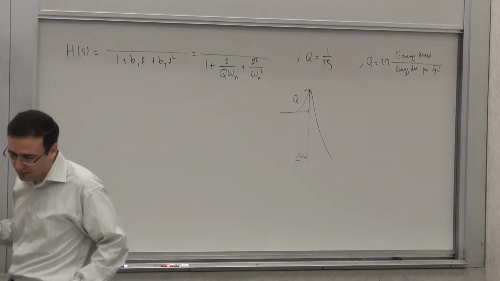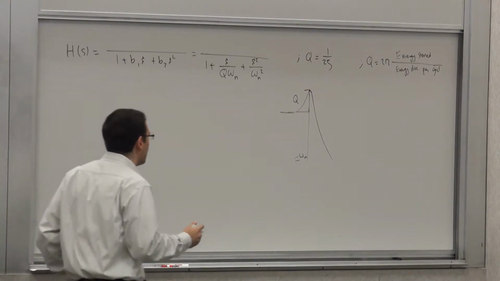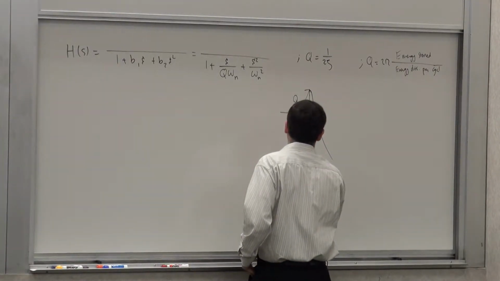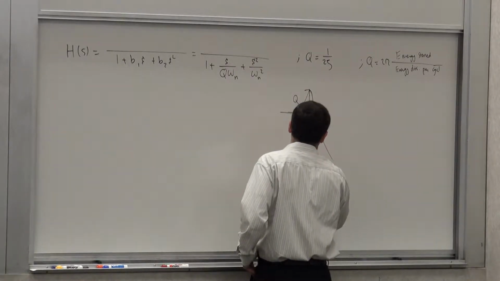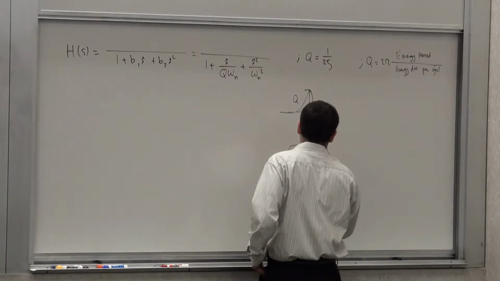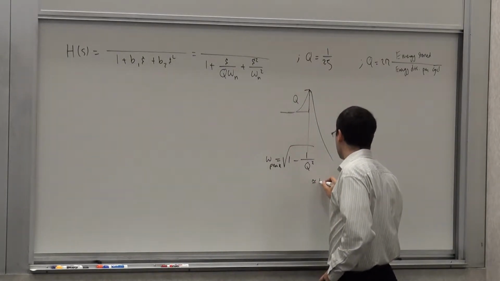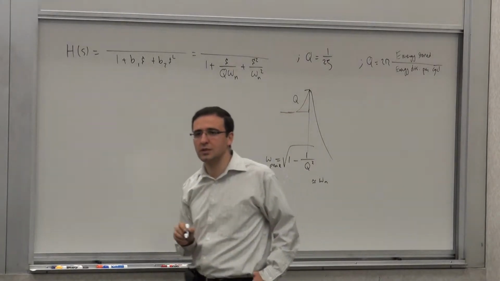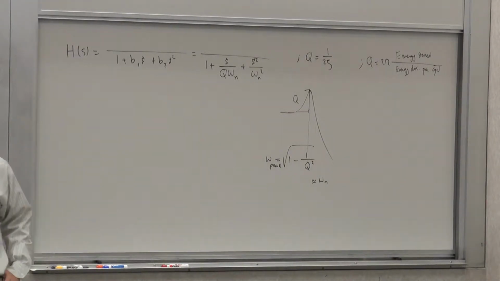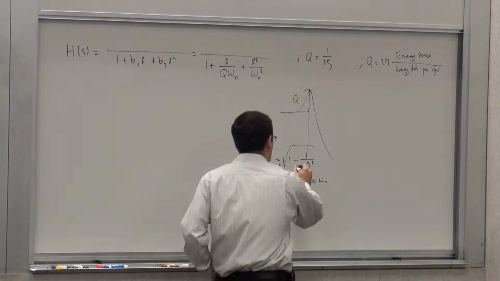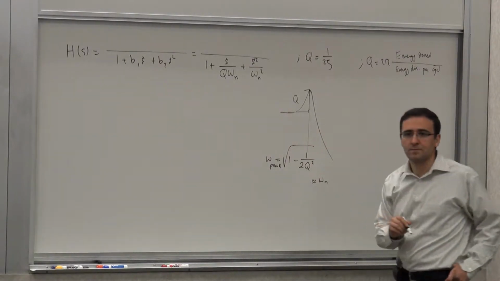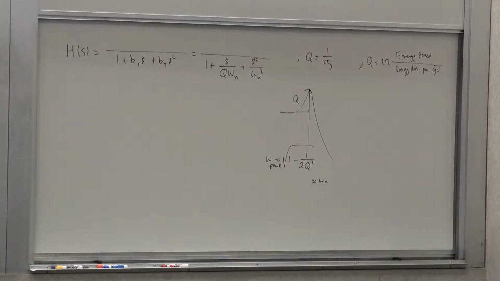But you can calculate it more accurately. This is the frequency of peaking, and if Q is high, then this becomes approximately equal to omega n. So this gives you a good measure of where to expect the peaking and how much peaking to expect.